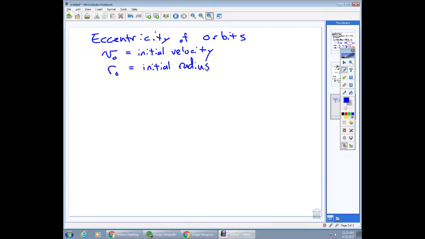Okay. And then also what's going to be important is the angle that it's coming in at. So we have some initial angle. That's supposed to be a theta. It didn't come out so good. Theta sub 0, so some initial angle. And I don't quite know how to factor the initial angle in yet. I didn't get that far this morning, and I still have some questions about this where I read it.